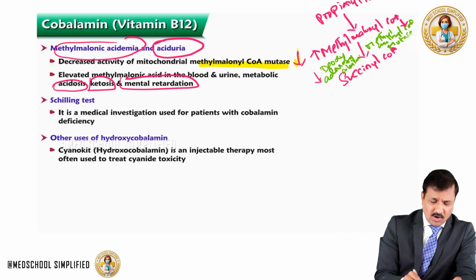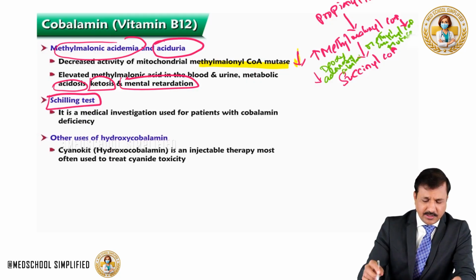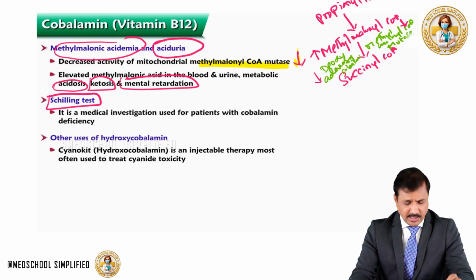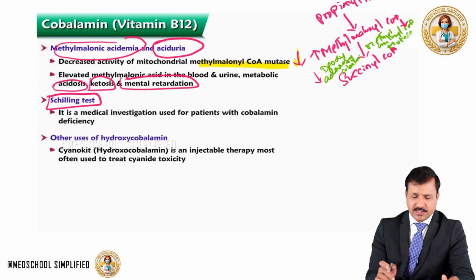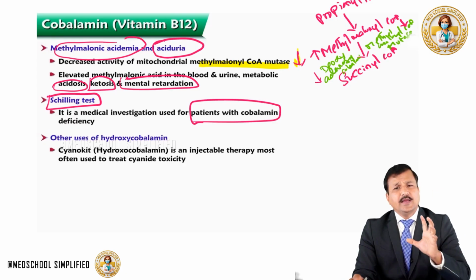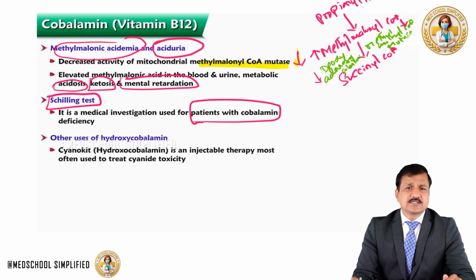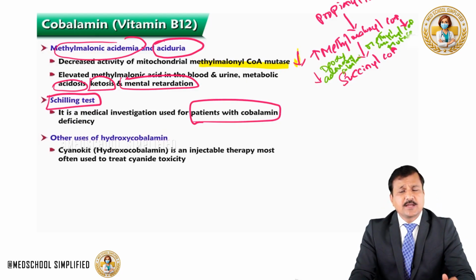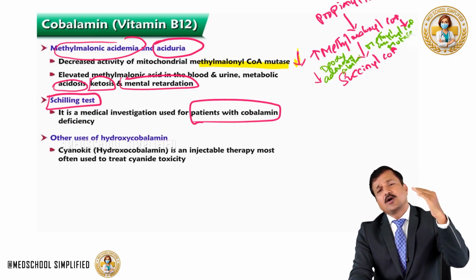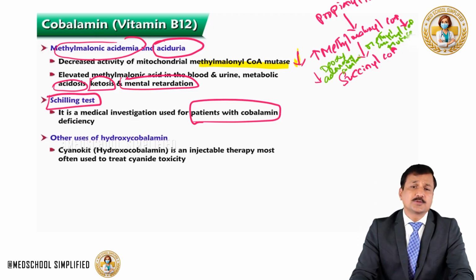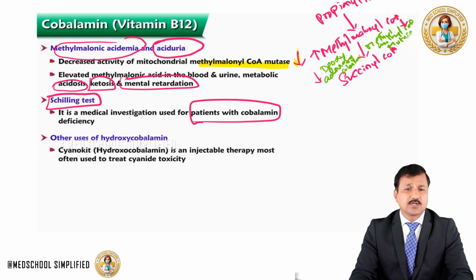So there is a test called the Schilling test, although it is an obsolete test nowadays, not generally done, but it's more of a research value now. It is a medical investigation used for patients with cobalamin deficiency. There are 4 stages in this test where it will show where exactly the cobalamin deficiency can be seen, starting from the stomach all the way to the terminal ileum and then into transport of cobalamin from portal circulation to other tissues.